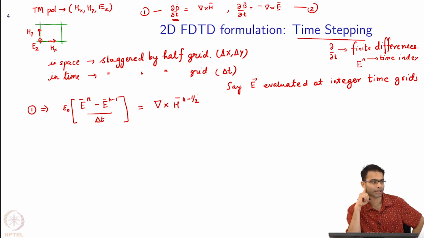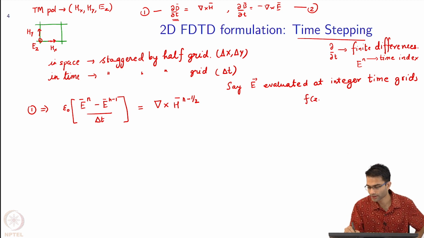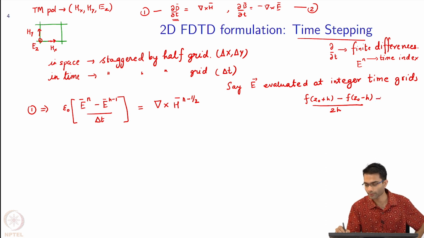Right, because again, what was the logic over here? When I looked at the Taylor series and I found out f of z naught plus h minus f of z naught minus h divided by 2h, this is a very good approximation of f prime at which point?